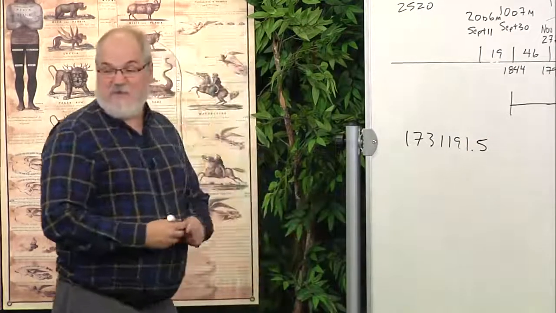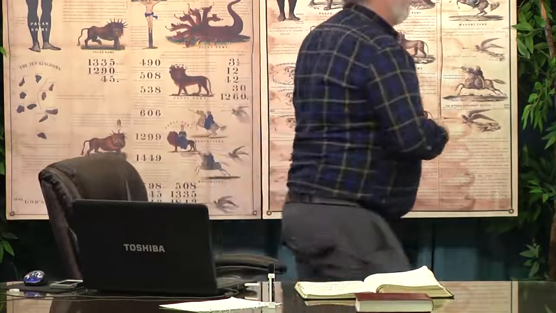And so I'm then going to put in the date in my Julian calendar for October 12th, 34 AD. And the Julian day number that it produces is 1733760.5.